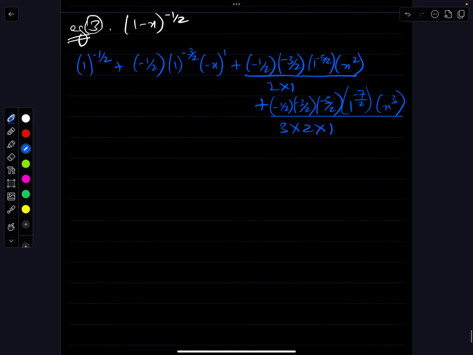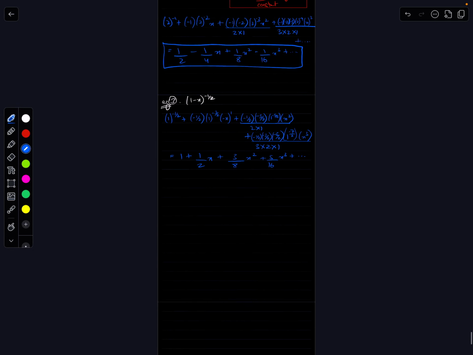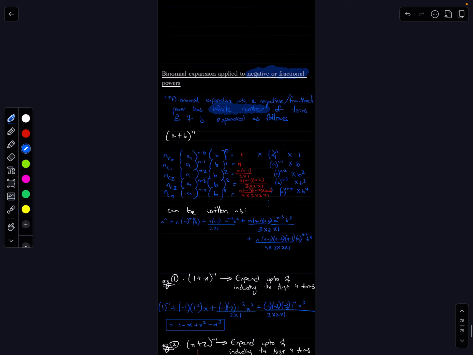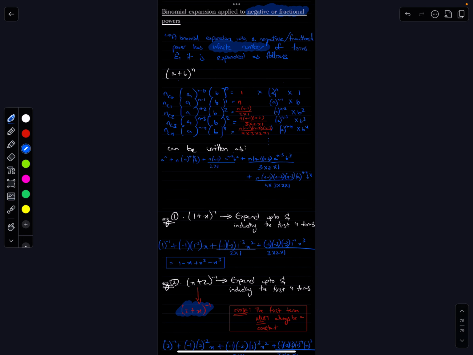If we simplify this, our final expansion would look something like 1 plus half x plus 3/8 x squared plus 5 over 16 x cubed and so on. So this is all about how binomial expansions with negative or fractional powers would be expanded.